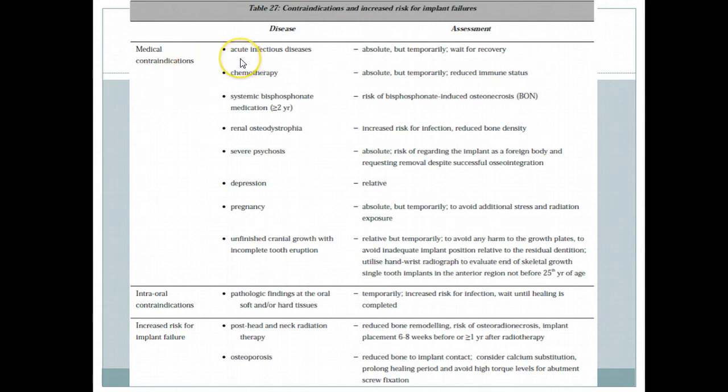In this case, they recommend that if there's an acute infectious disease, for them it's an absolute, don't do dental implants. Like we talked about, one of the only things we talked about was active chemotherapy, where you don't want to do any implants. Systemic bisphosphonates, severe psychosis, depression, and again, that's relative, not even absolute. Pregnancy, because of the medication.